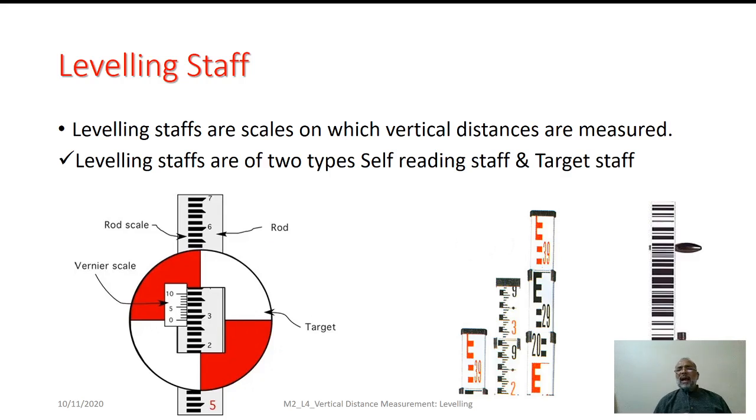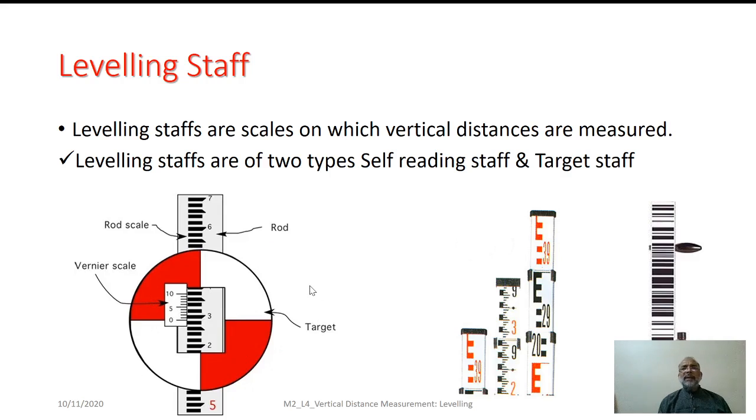Whereas, the graduations marked on these telescopic staffs may not be fine because of the precision required. Sometimes, the fractional part of the divisions in between the graduations could be a requirement, and that's where we can adopt some vernier scale that is fixed over the ordinary leveling staff. Such staffs are called target staffs.